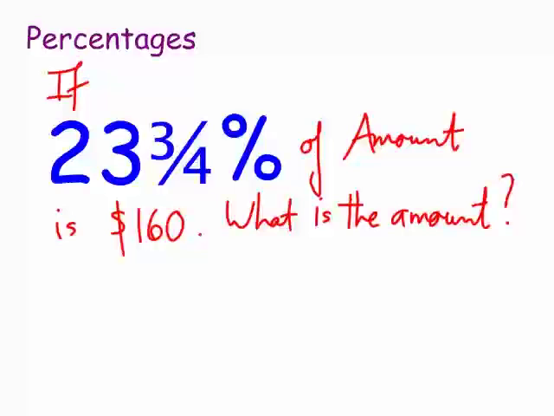But how are we going to do this? Well, the technique is something called the unitary method, which basically relies on finding 1%. What this means is you find 1% first.